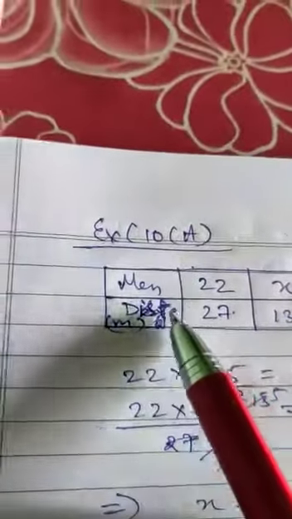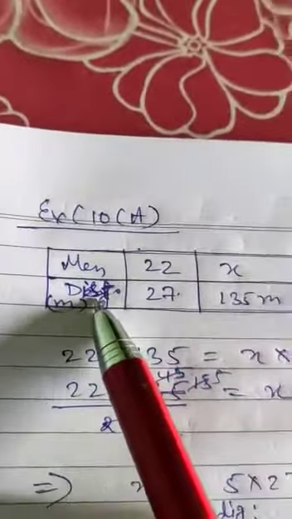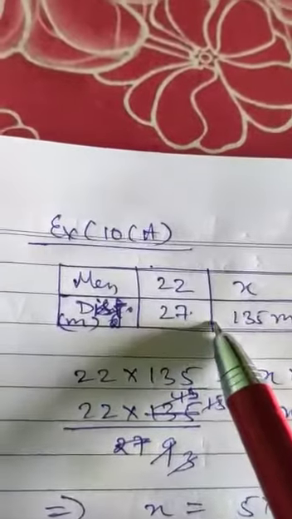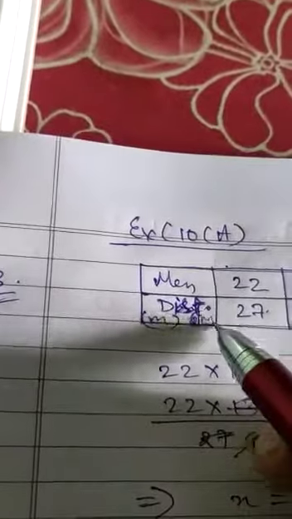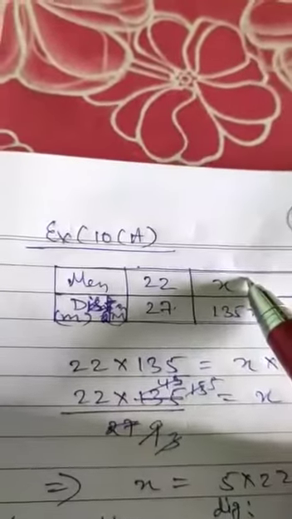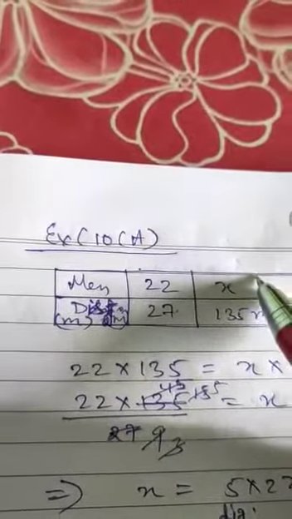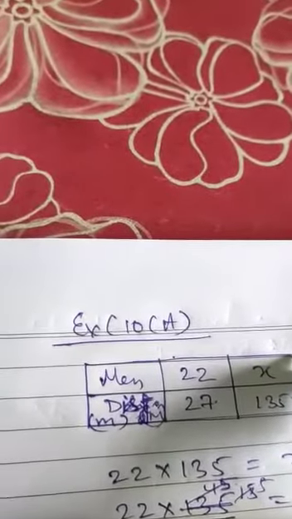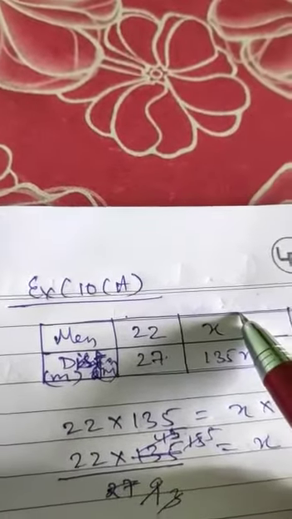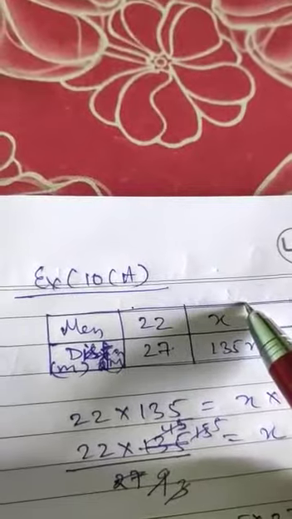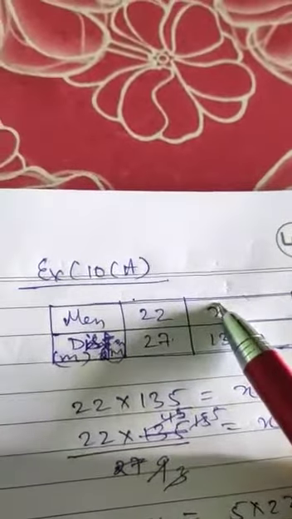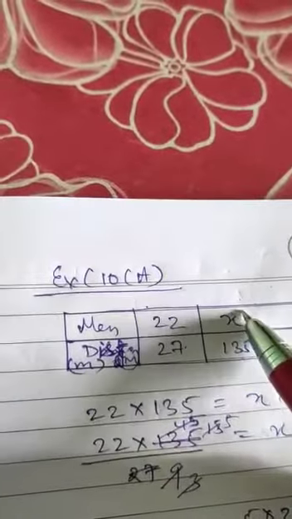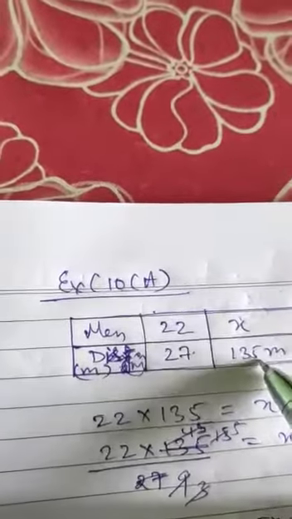First of all, make a table like this: men and distance in meters. 22 men, distance 27 meters. How many men? Asking here, how many men should be employed for digging a 135-meter long trench? So X men, 135.